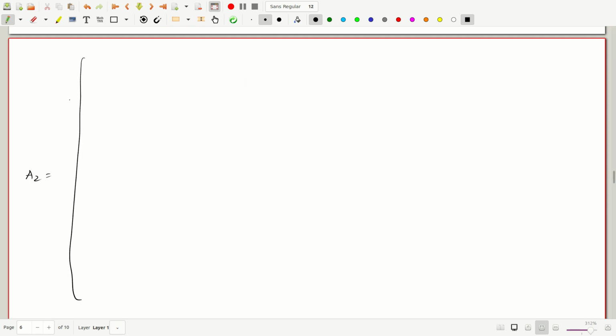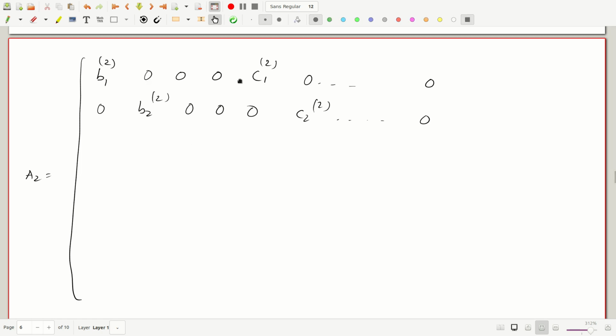Essentially you will get B1, but with a superscript 2 to differentiate that this is the next level of iterations, and then you would get 0 0 0 C1 of 2, and then zeros all the way. Similarly you get 0 B2 of 2, 0 0 0 C2 of 2. Essentially you will get 3 zeros, so they are basically pushed to the fourth position, or 3 rows away.